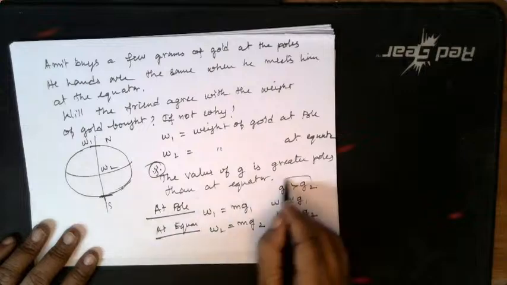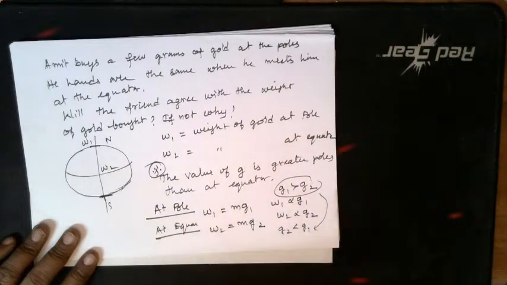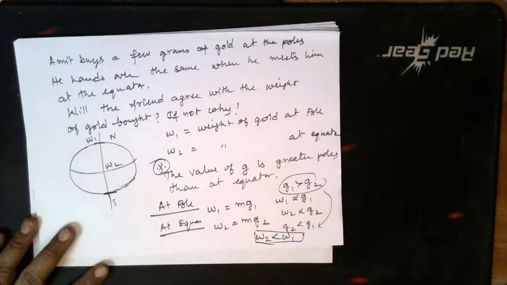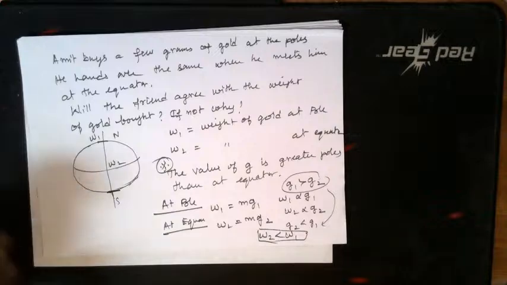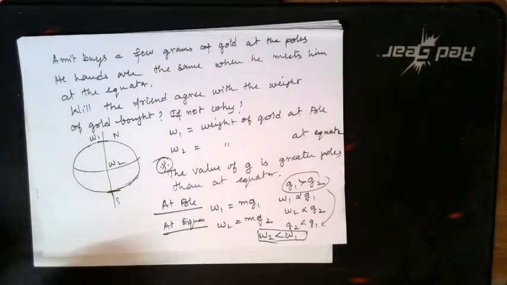Therefore W2 is less than W1. Now the weight will vary, so he will not agree. Are you able to follow? So Amit's friend will not agree. So this is the reason. Got this point?